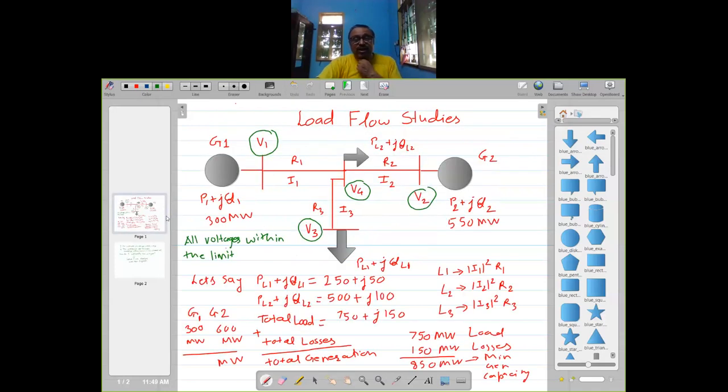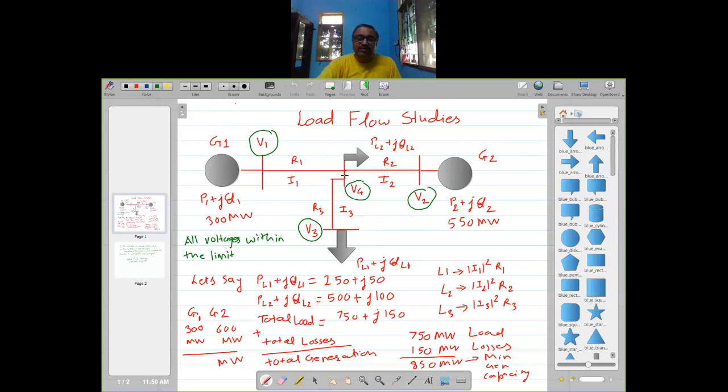One is I should have the rated voltage. This must be satisfied, that my rated voltage should be within the limits. It should be within the limits.